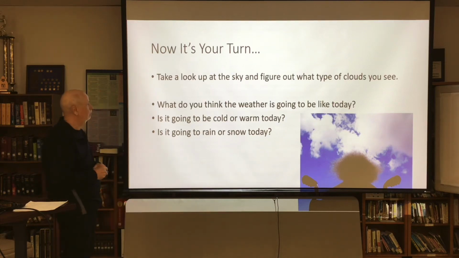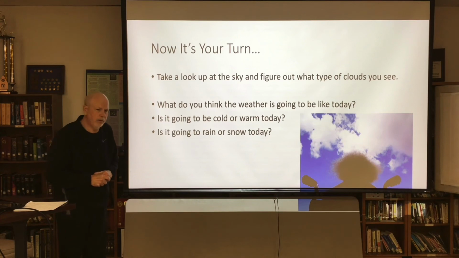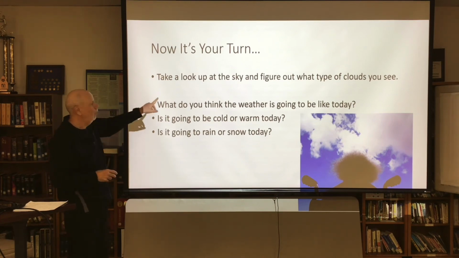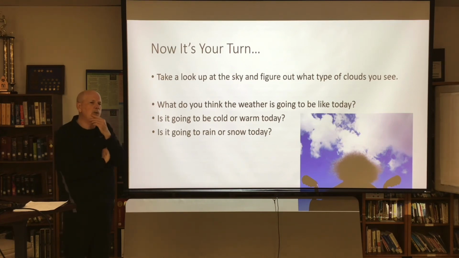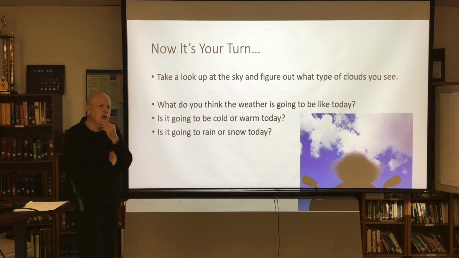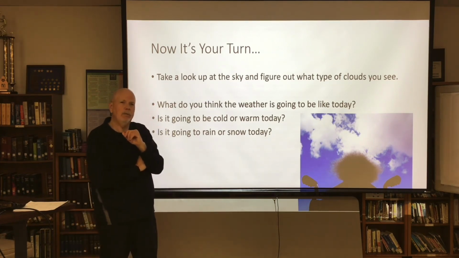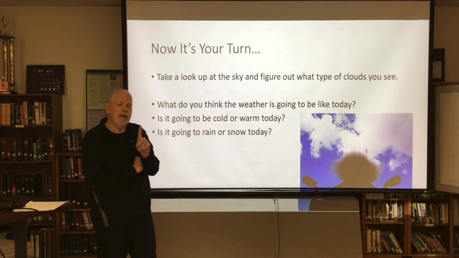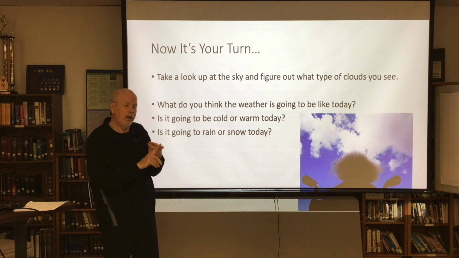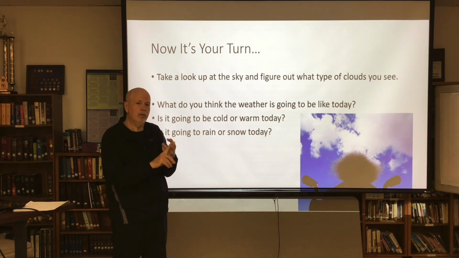Now it's your turn. So either later today or tomorrow or sometime, I want you, when you go outside, or maybe you're by the window or something, to look up and see what kind of clouds you see. And let's see if you can identify them as either being a cumulus, a stratus, or a cirrus cloud.